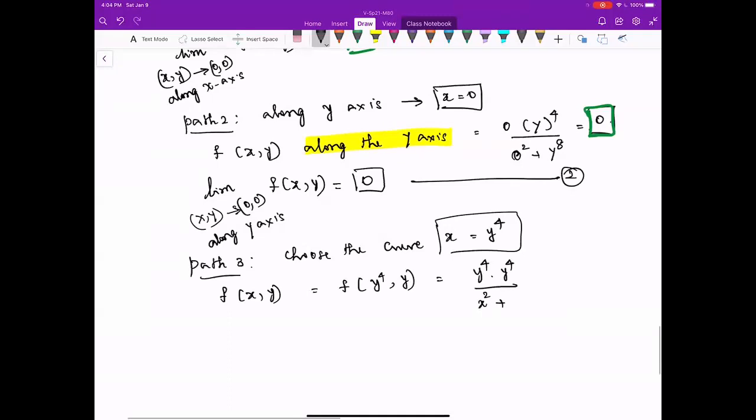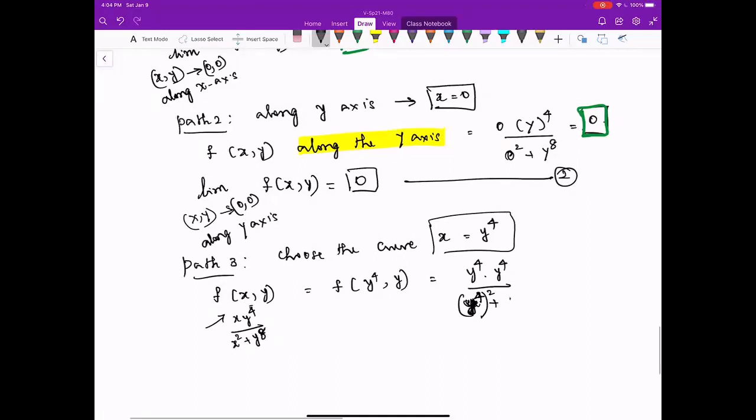X square is y to the power 4 the whole square. I'm changing x to y to the power 4 in the expression, and we know that f of xy equals x y to the power 4 over x square plus y to the power 8. So in this expression, I'm replacing x with y to the power 4.